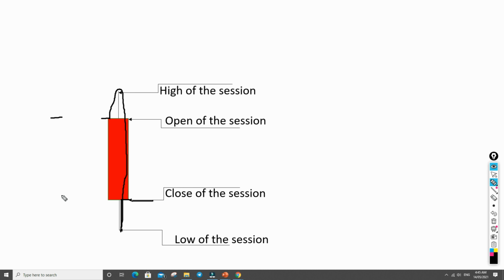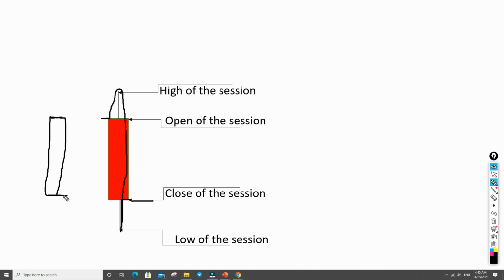Now the previous one, the market opened here and the price went up, so it became a green candle. Normally it is color coded. When the buyers are in control, the price goes up, represented by green. When the sellers are in control, the price goes down, represented by red.